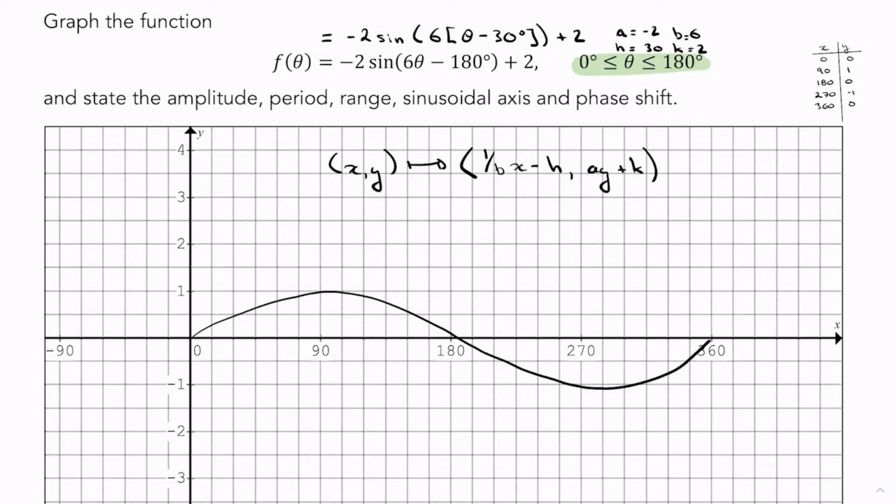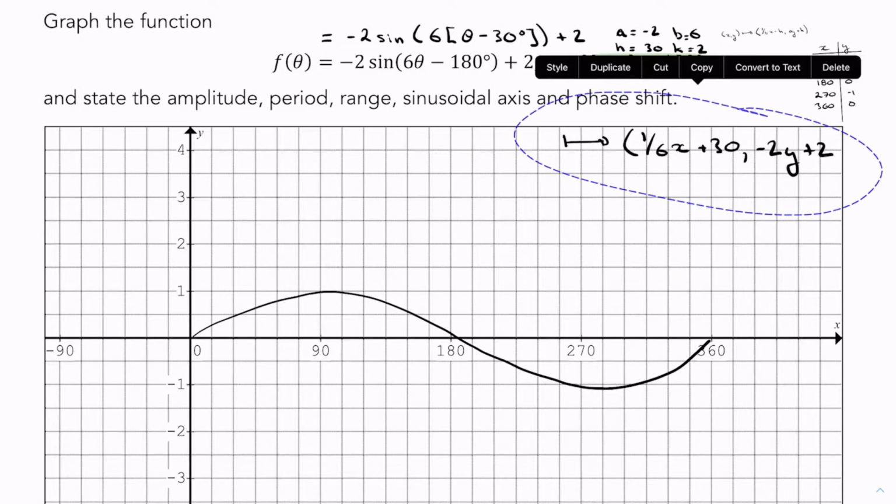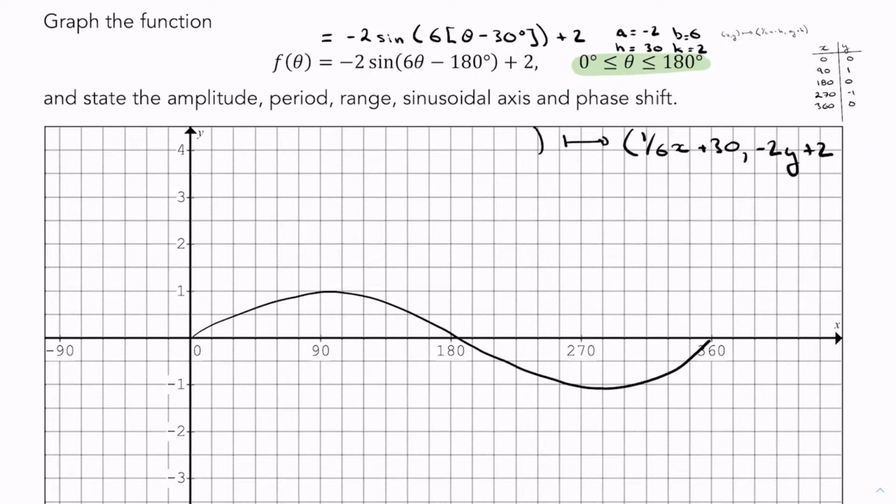And our b value is 6, so we're going to have 1 over 6 x minus -30, so it'll be plus 30, comma -2 y plus 2. Okay, let's also shrink this because we don't need it really. And this guy, this is what we're going to be using. Let me put the xy in front.